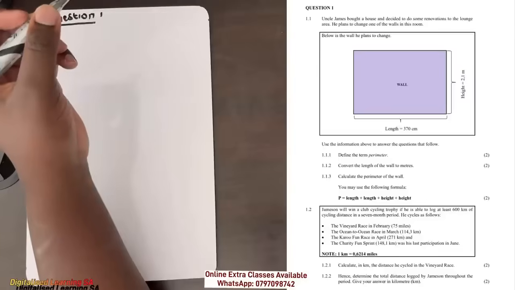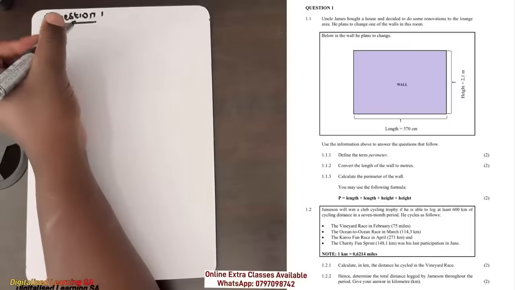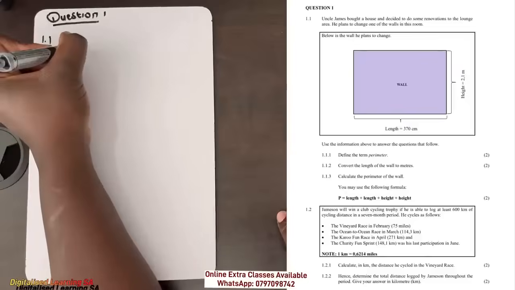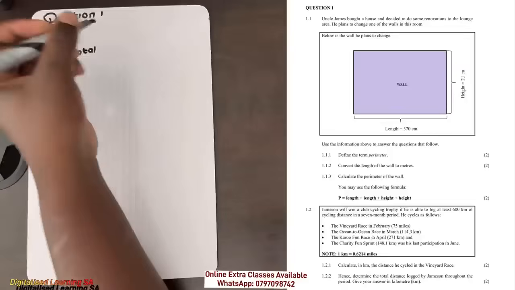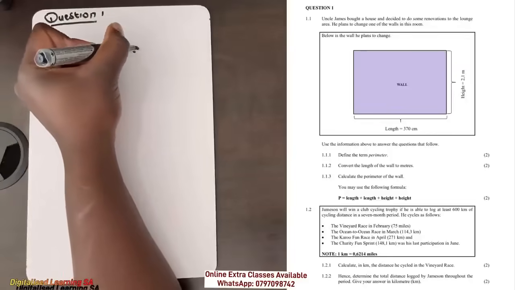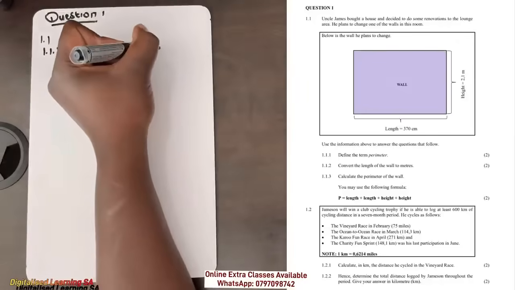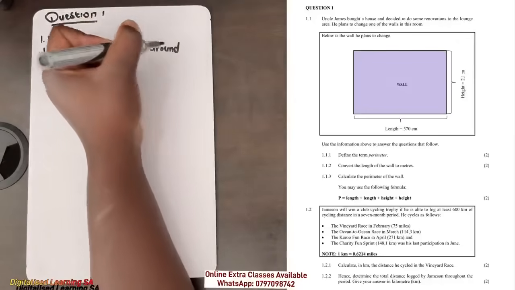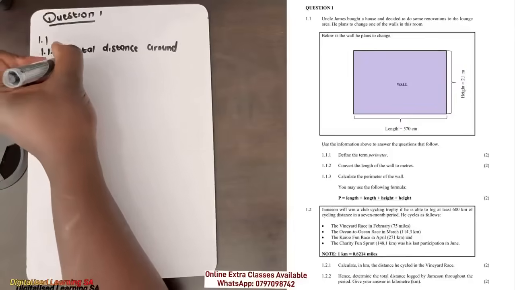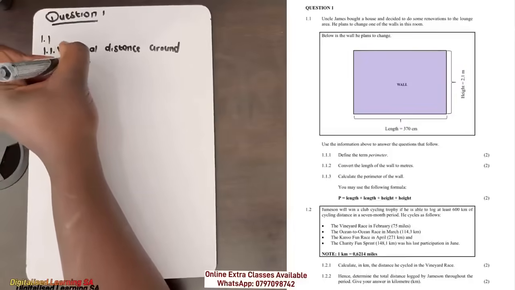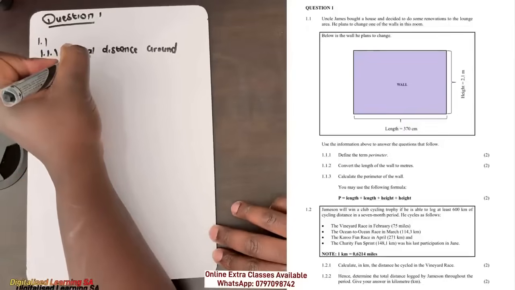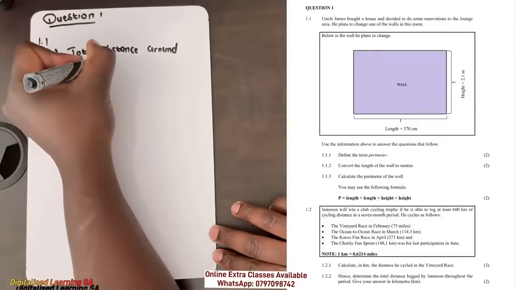So it's the total distance around the entire shape.